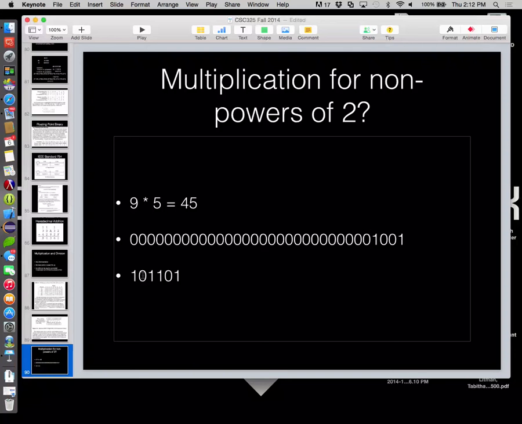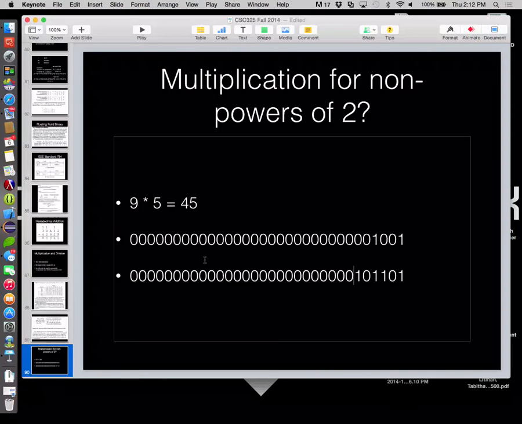All right, so those are the 32-bit representations.